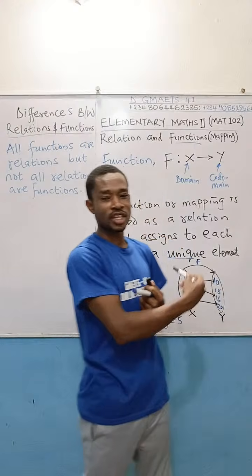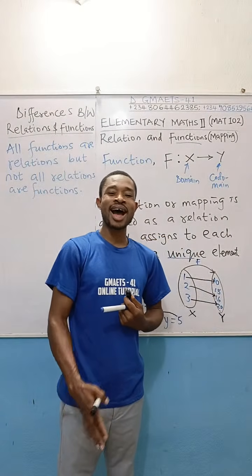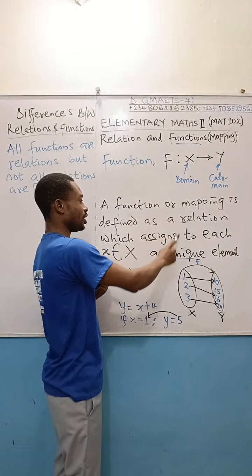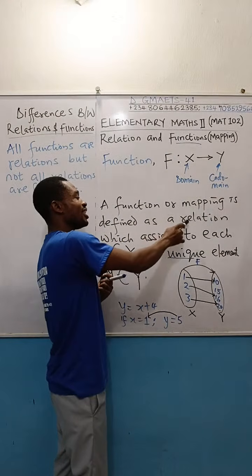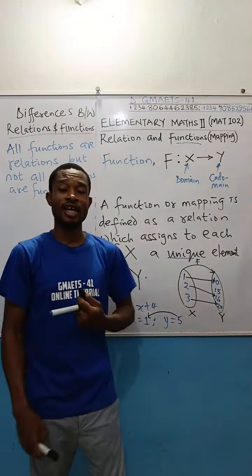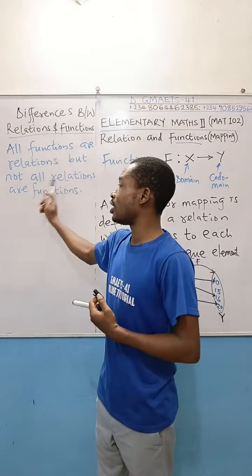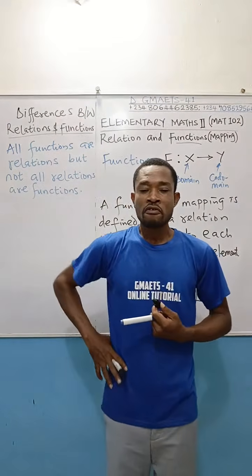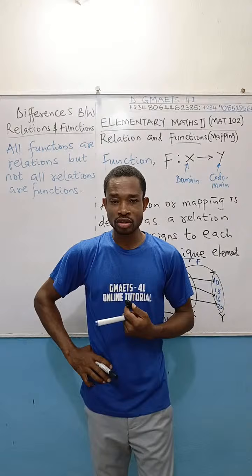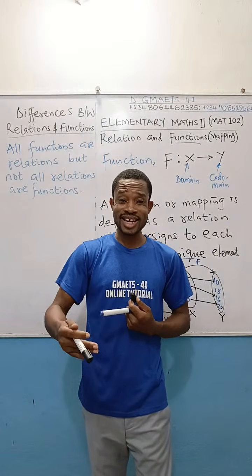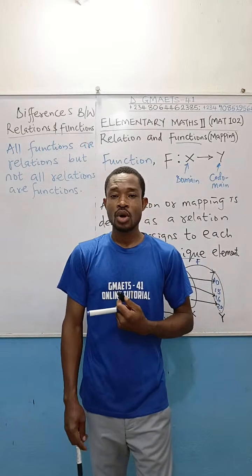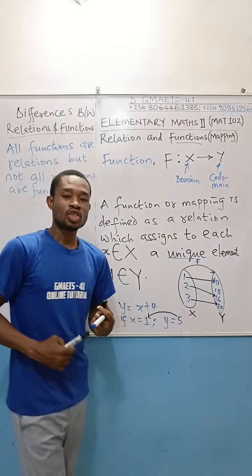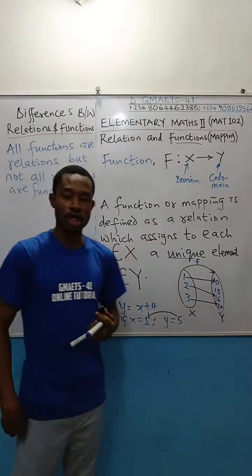You remember in the definition, we defined a function, or mapping, as a relation. So you want to take note of that. All functions are relations, but not all relations are functions. So what are the conditions for a relation to be considered as a function?